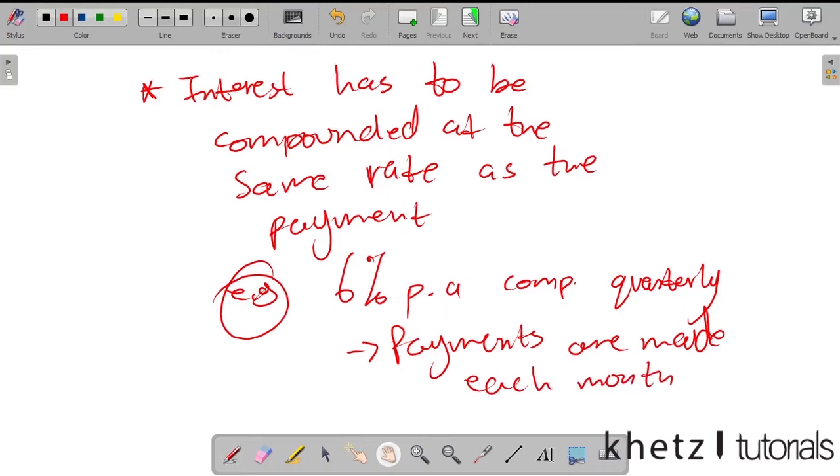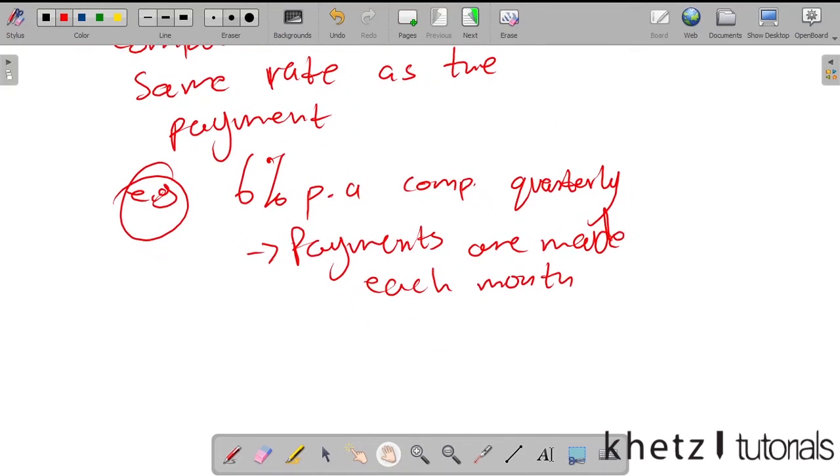So monthly, you're dealing with monthly payments. So you can't just substitute this interest rate into the future value formula, because that is essentially not correct. You're supposed to have this compounding period match your frequency of payment, which in this case is monthly.